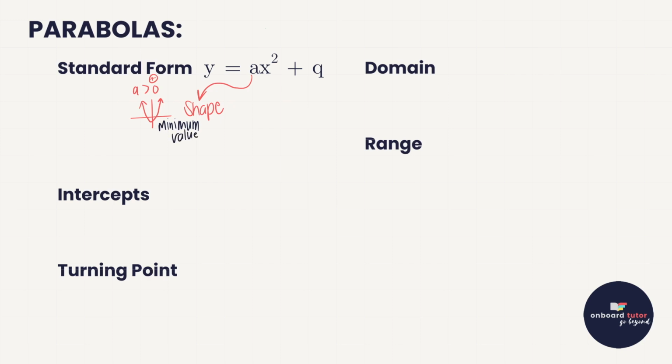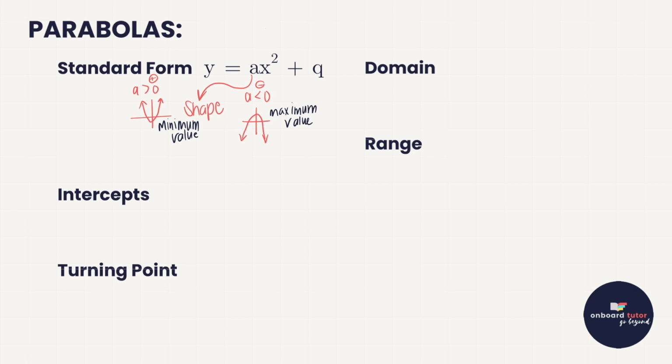If you've got a negative a value, so smaller than 0, then you guessed it, it's a sad face parabola, or fancy name for it, maximum value parabola. So that a is very important, whatever it is sign-wise, it's going to help us decide whether we are looking at a happy or a sad curve.